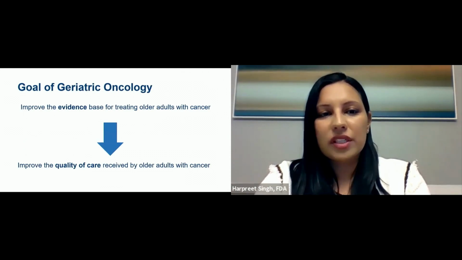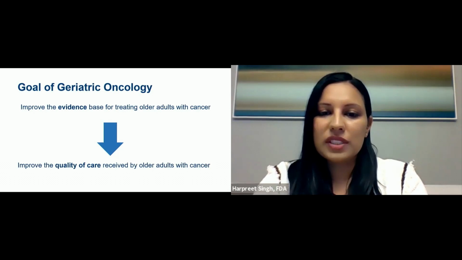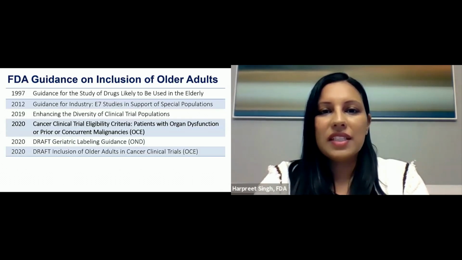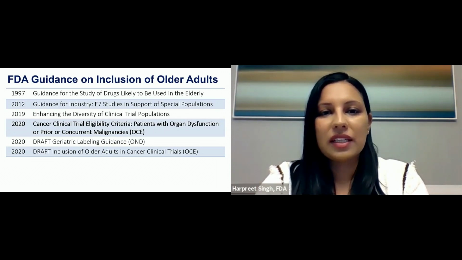Remember that the goal of geriatric oncology is to improve the evidence base for treating older adults with cancer, which translates into an improvement of the quality of care which older adults receive, which can and certainly should occur in the context of clinical trials. The FDA has a long-standing support for the inclusion of older adults in clinical trials across all therapeutic areas, with guidances dating back to 1997.